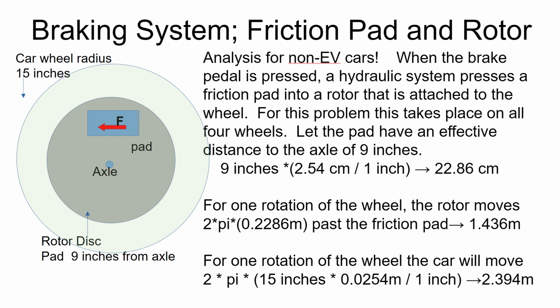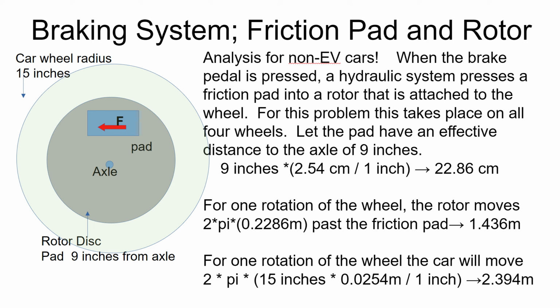Well, we're on a circle here with a radius of 9 inches. We're going to need circumference, so let's change our inches into centimeters, and then we'll change it to meters. But 2.54 centimeters is 1 inch, so our brake pad is sitting here effectively 22.86 centimeters from the axle.